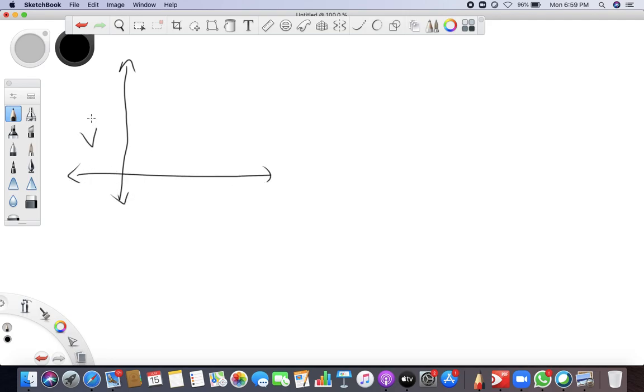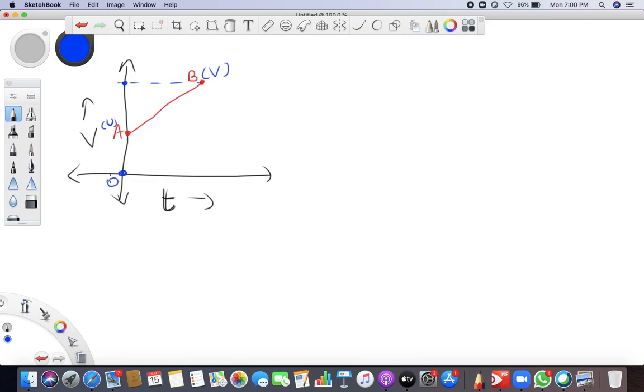Now, as I said, our object starts its motion from A and reaches point B after some time t. Here, the initial velocity of the object we call u, and we call the final velocity v. Now we are going to plot the other points.